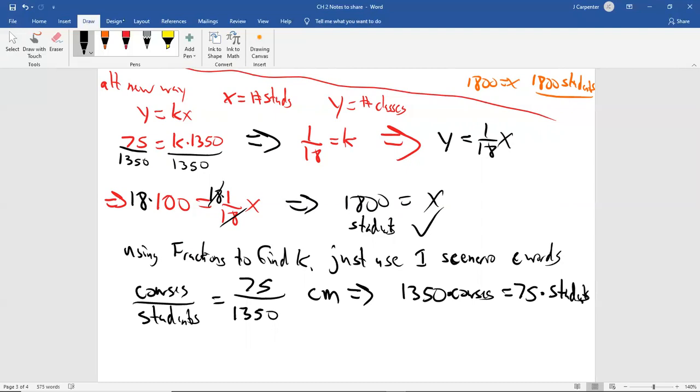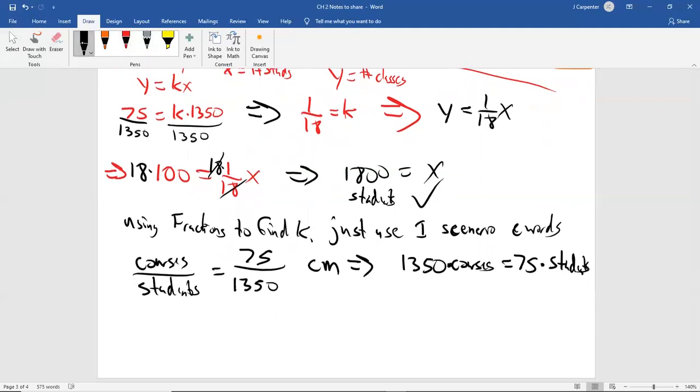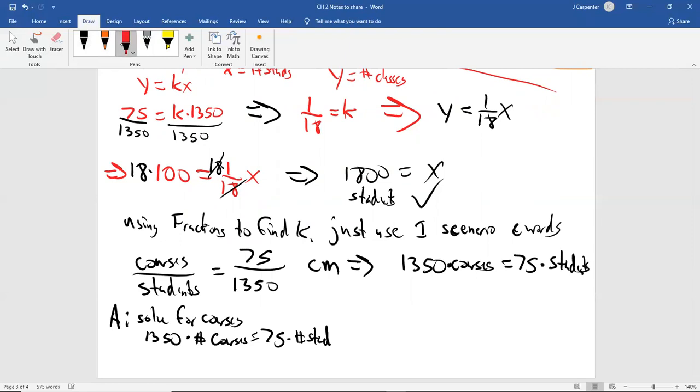If I solve for courses, let me run this through the first scenario. So, solve for courses. You take the 1,350 times the number of courses equals the 75 times the number of students. If you want to solve for the courses, you divide both sides by 1,350.